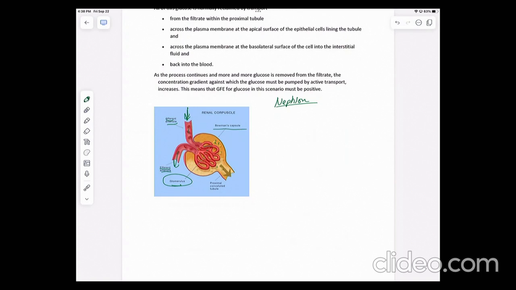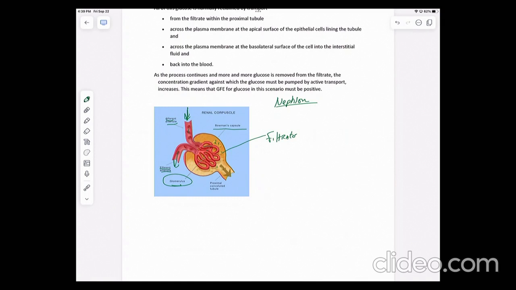The fluid that is being squeezed out, once it's in Bowman's capsule, also has a very specific name. It is called a filtrate. So the filtrate was plasma, and now it is percolating through the kidney.